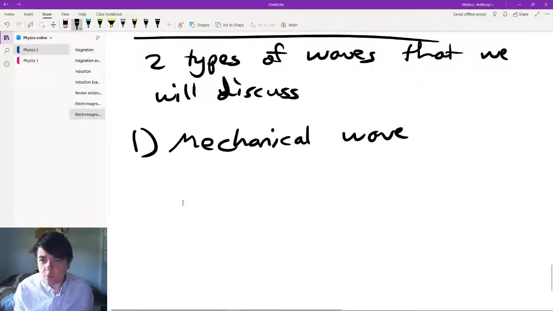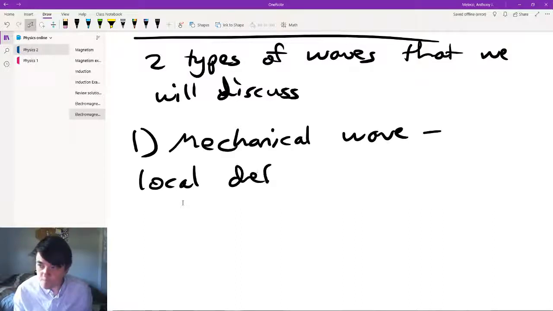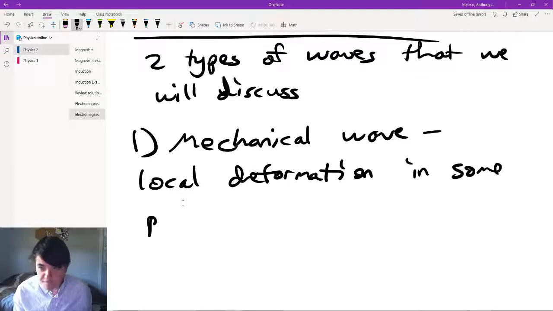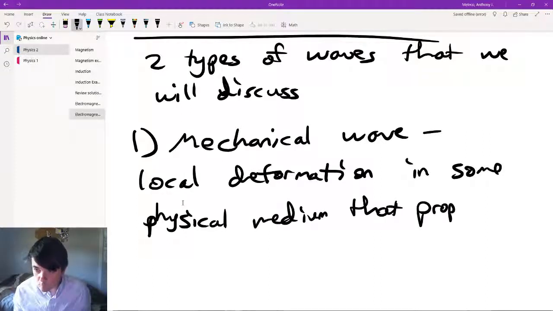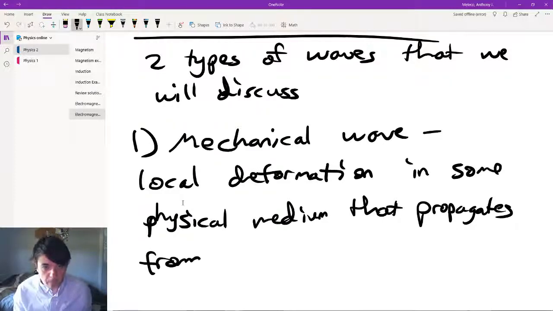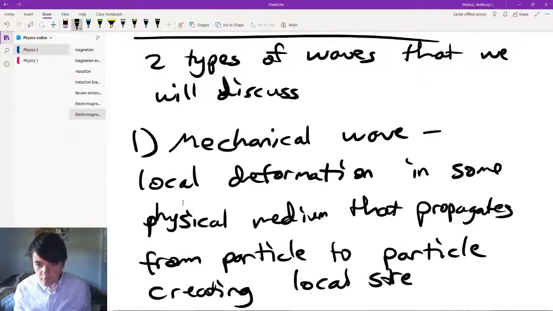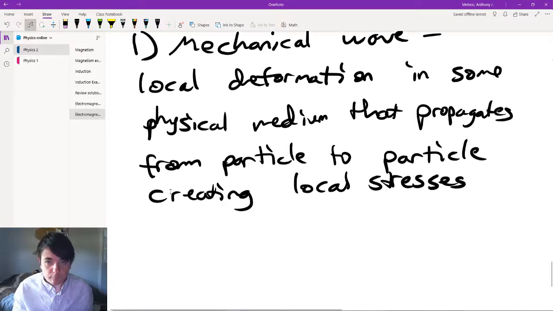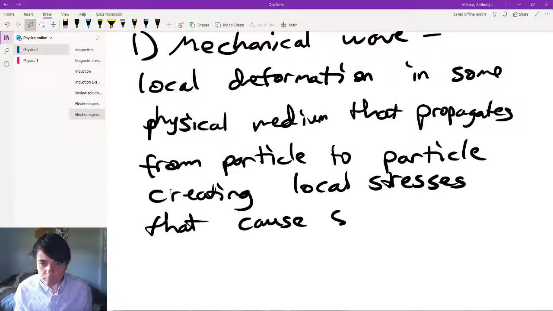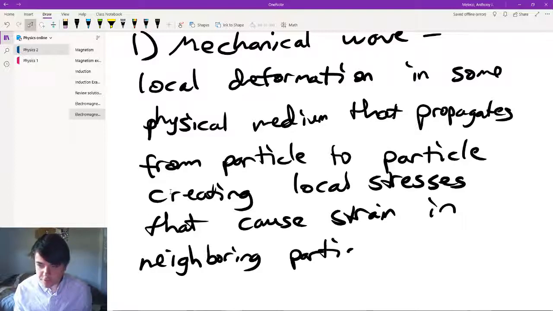A mechanical wave is what we would study in Physics 1. It is a local deformation in some physical medium that propagates from particle to particle, creating local stresses that cause strain in neighboring particles too.